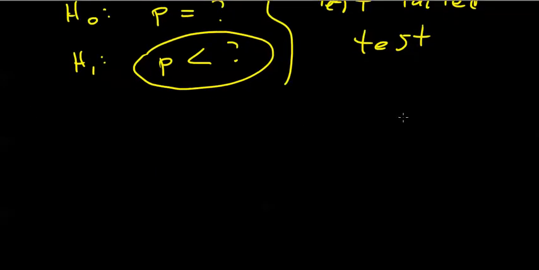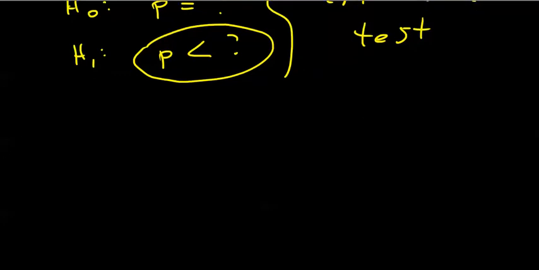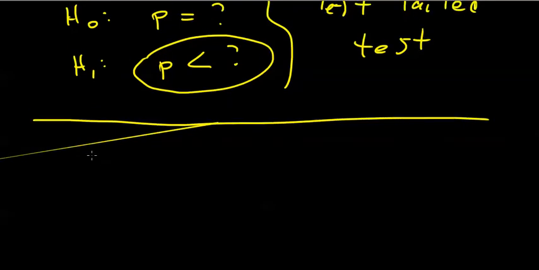And there's a third type of hypothesis test, which we call a two-tailed test.